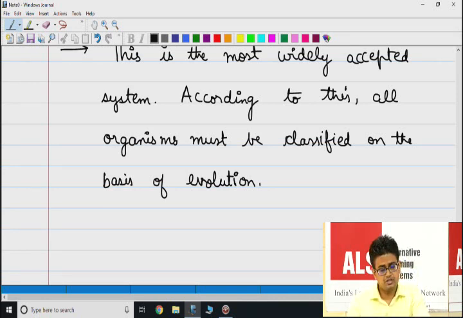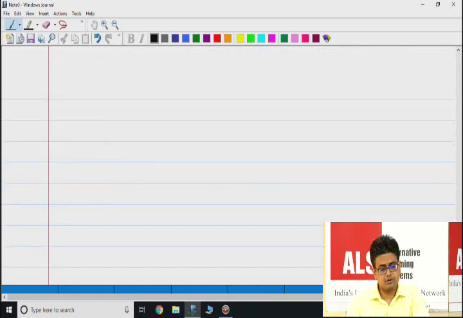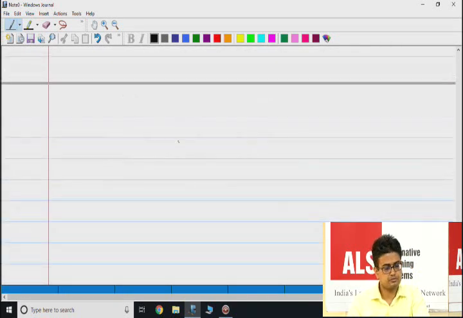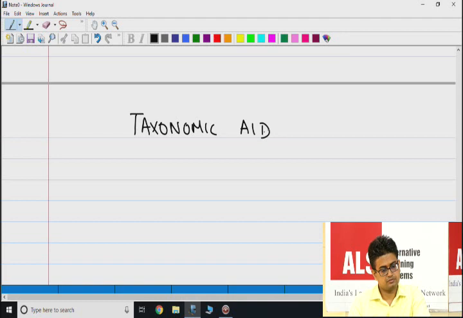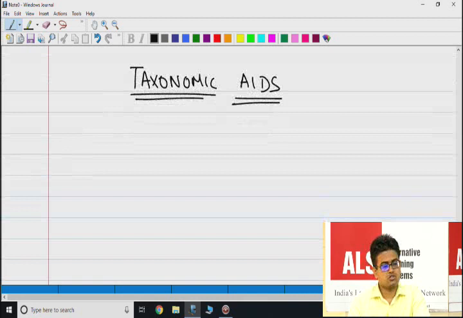After this, let's come quickly to taxonomic aids. Classification systems we have finished. Now we have to do taxonomic aids. So what are taxonomic aids?